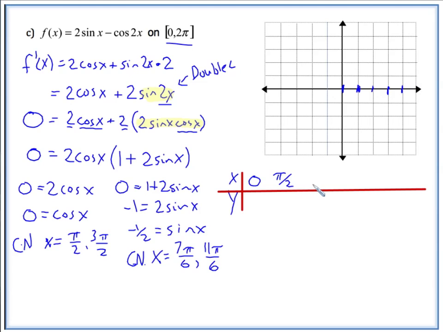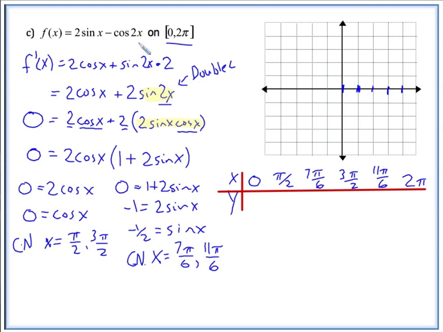The next one would be actually 7 pi over 6. And then 3 pi over 2. And then 11 pi over 6. And finally, our right endpoint of 2 pi. Okay, so now we just have to plug all of these numbers back in up here.